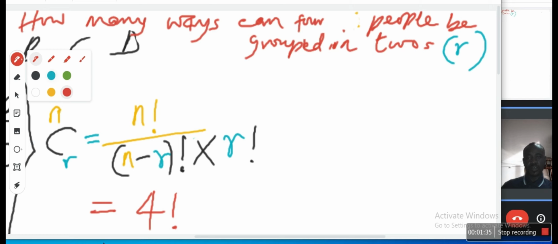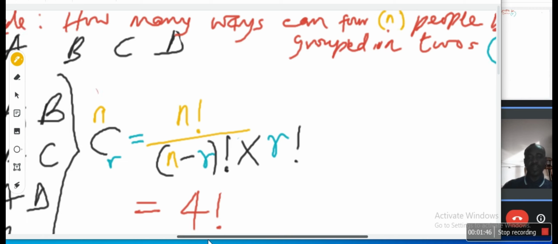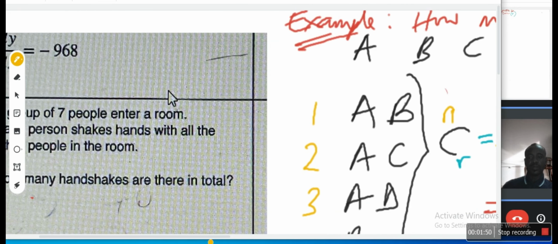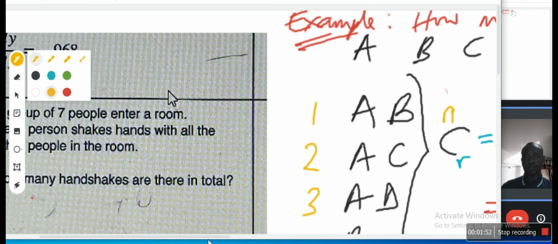How many ways can 4 people be grouped in twos? So 4 is the total number, which we call N. So the general formula is, because this is about permutation and combination. So this question is related to permutation and combination.